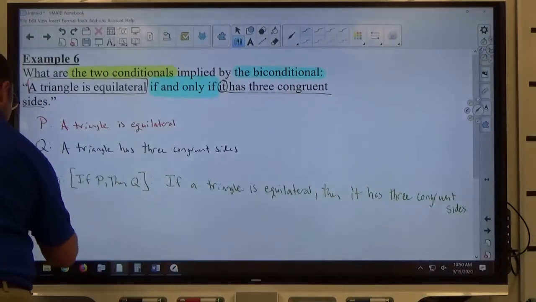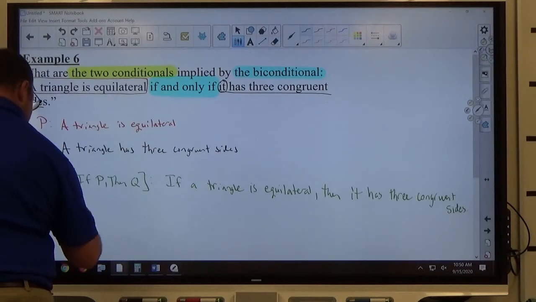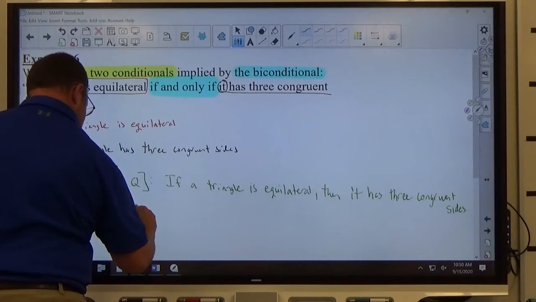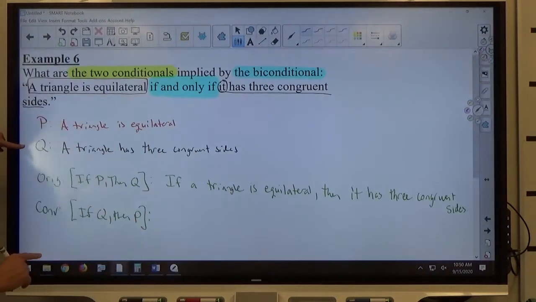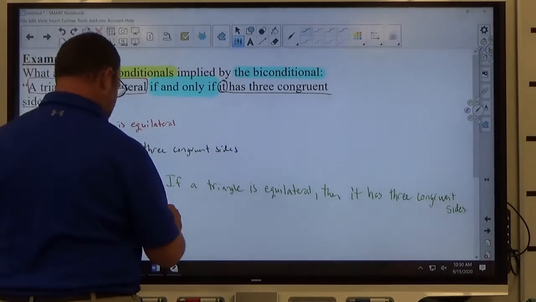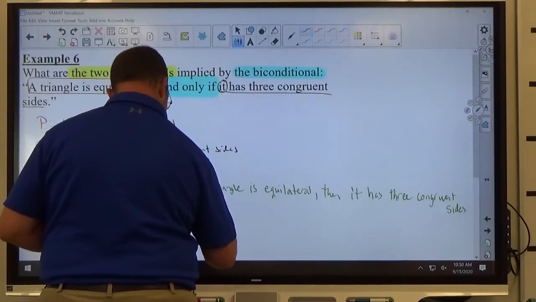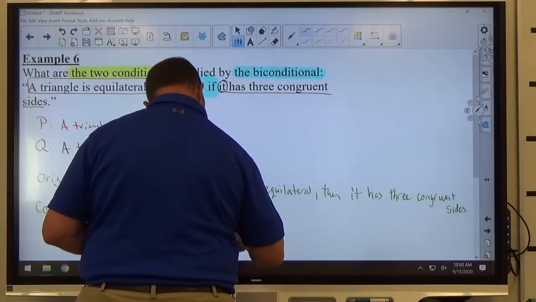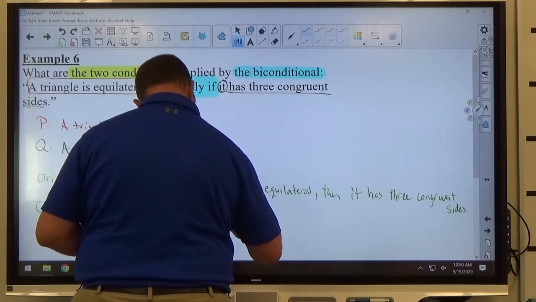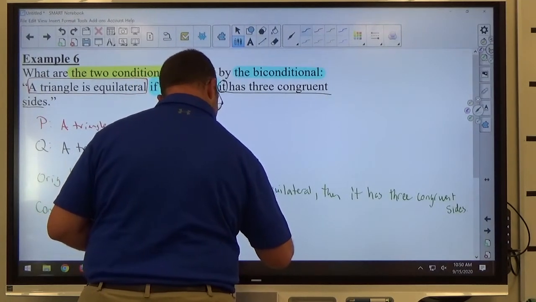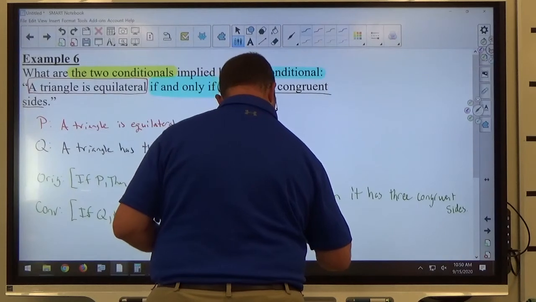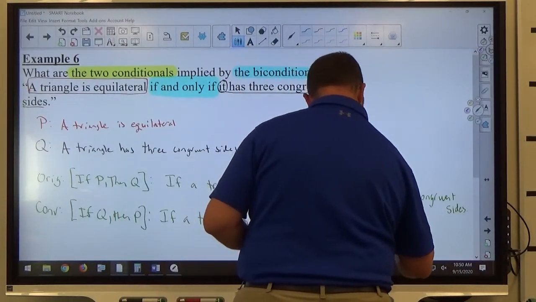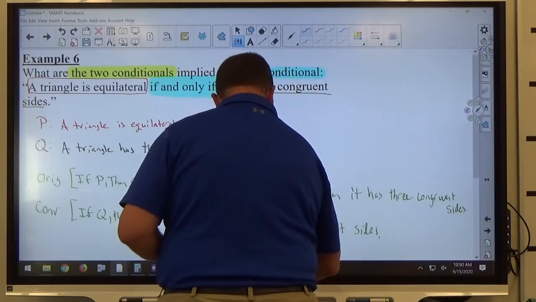Let me finish this real quick. The converse is going to be if Q then P. So it's just going to be if this then that. So if a triangle has 3 congruent sides, then it is equilateral.